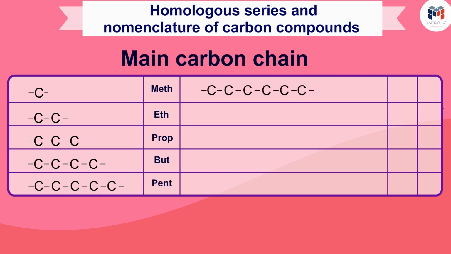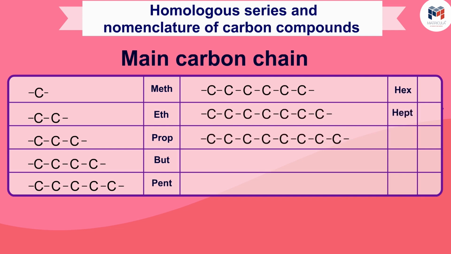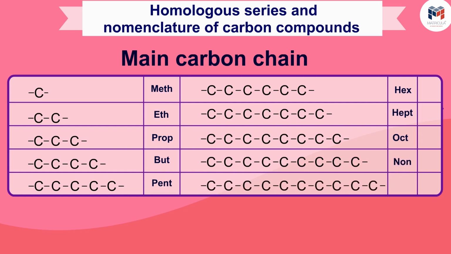If there are six carbons, then we will write hex. If there are 7 carbons, then we will write hept. If there are 8 carbons, then we will write oct. If there are 9 carbons, then we will write non. If 10 carbons, then we will write dec. You must remember this sequence very well.